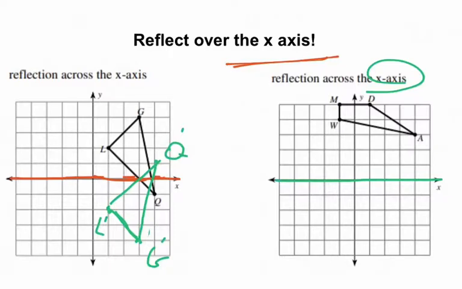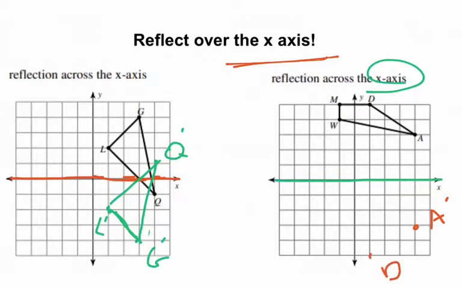So I'm going to count down from the green line. 1, 2, 3 points. And that is our A. And then D is 1, 2, 3, 4, 5 above. So I'm going to move it on the same line. Down 1, 2, 3, 4, 5. And there is our point D.